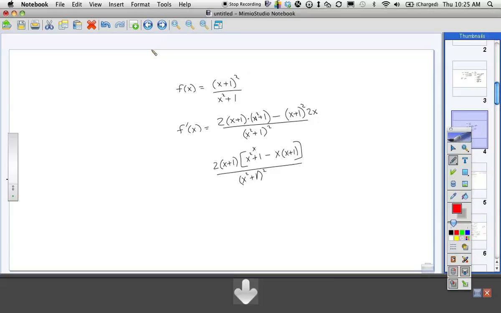Now this ends up being x squared plus 1 minus x squared minus 1, right? Minus x, 1x, right. And the x squareds drop out. So we end up with 2 times x plus 1 times 1 minus x, all over x squared plus 1 squared. Is that what you said it was here?